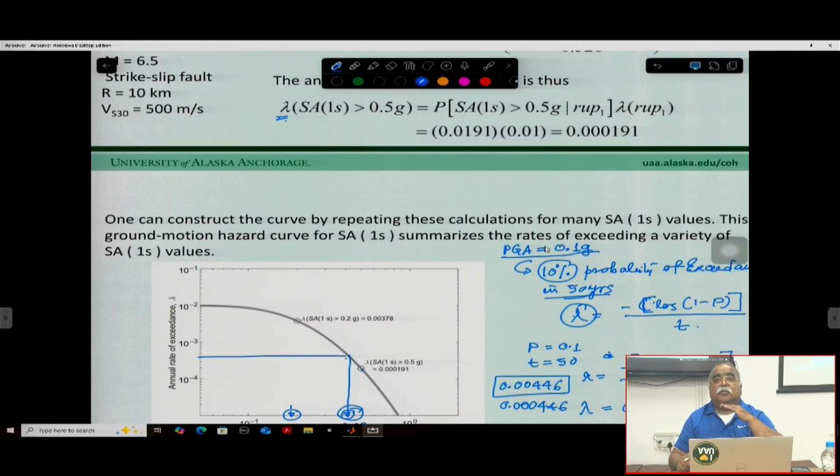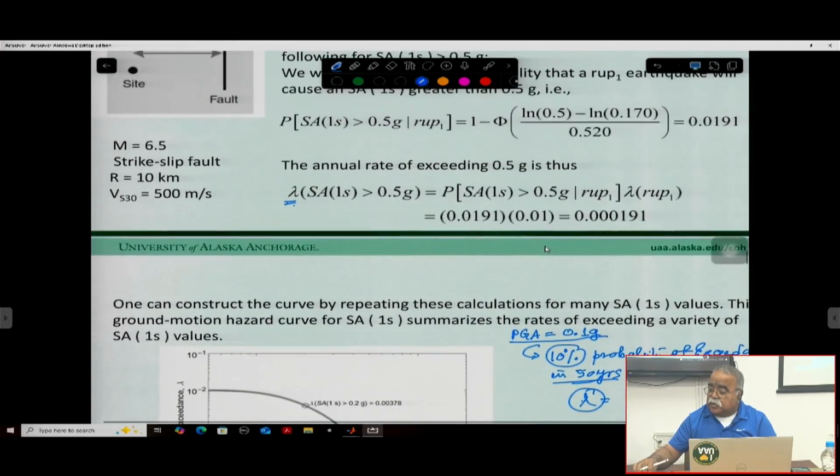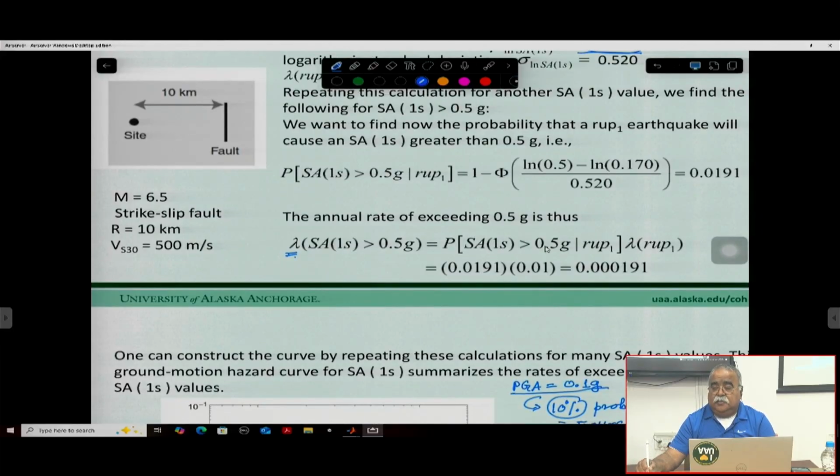Given the G for that particular area, based on the Boore-Joyner-Fumal model with this much distance, this is the attenuation relation. The BJF attenuation relation we have used for 10-kilometer distance.